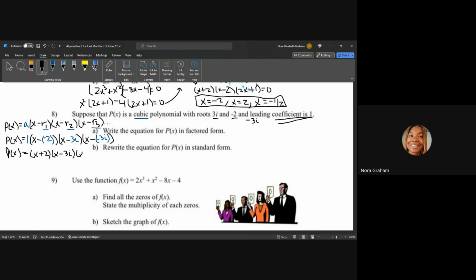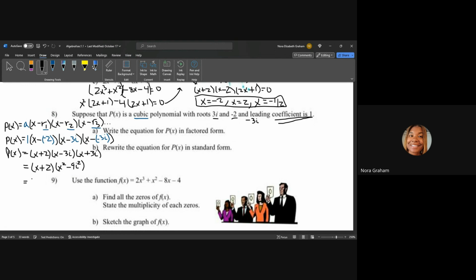Notice that looks like a difference of squares. So I can also rewrite this as x plus 2 in parentheses, x squared, because we're writing this as a difference of squares, minus 9i squared. But then again, I can keep going because that i squared actually equals -1.